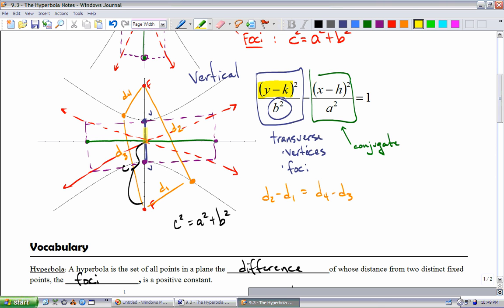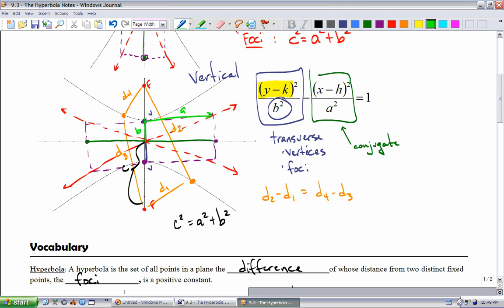If slope is rise over run, you'll notice if we're looking at this asymptote right here, its rise over its run, that's pretty ugly. We'll go with something else here. Let's go with this green. This rise over this run here is b over a.